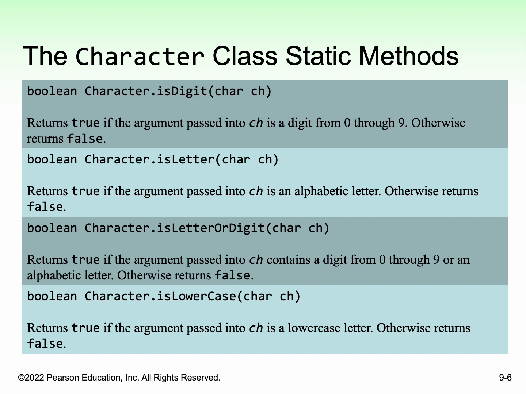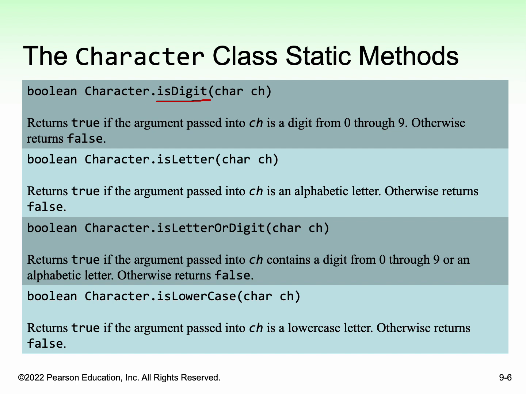The first method right here is called isDigit, and your isDigit method will return true only if whatever you're passing into this method, the parameter, is a digit from 0 to 9. Otherwise it will return false.